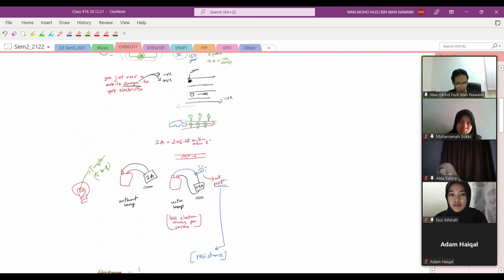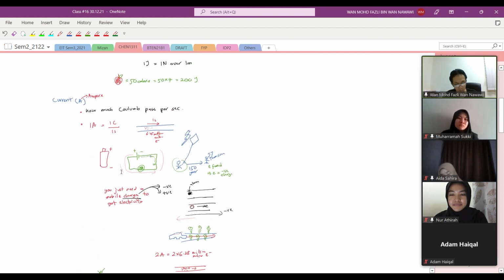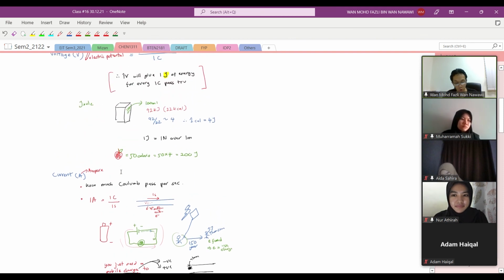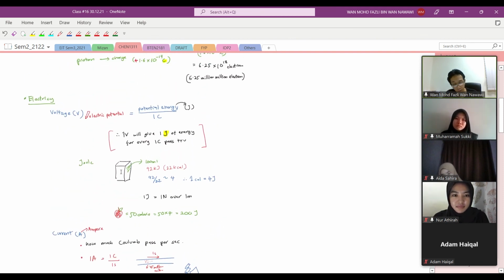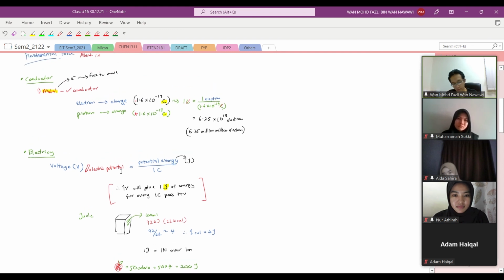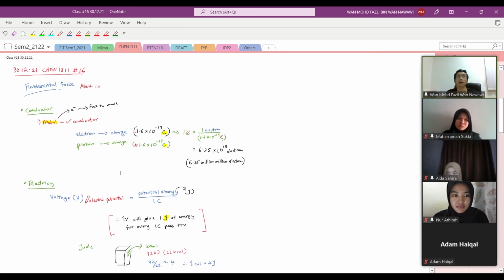And then we talk about Coulomb, Newton, Joule, and electric potential. So the main takeaway for this class is that it's not the electron that makes electricity happen. Electron is only one part of the story.